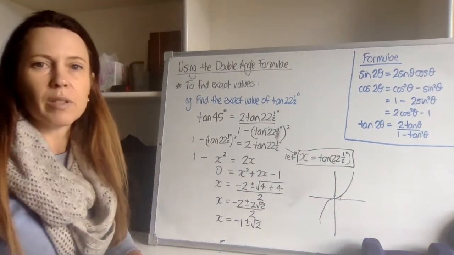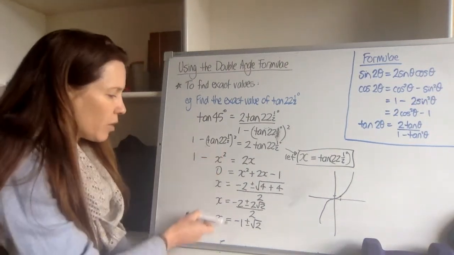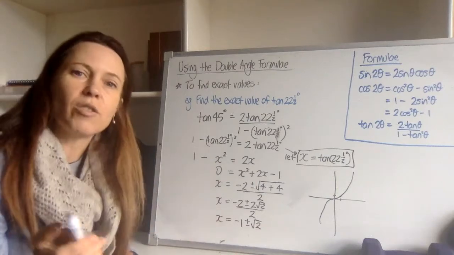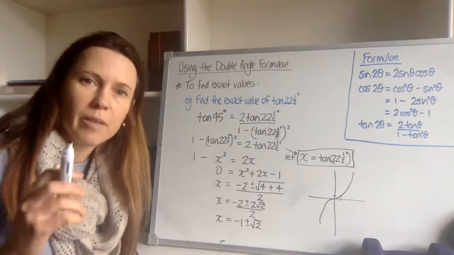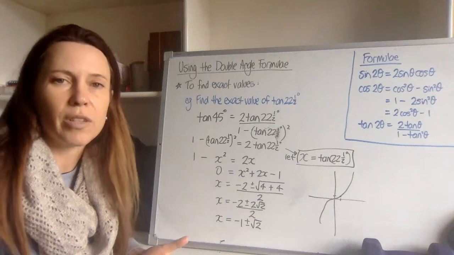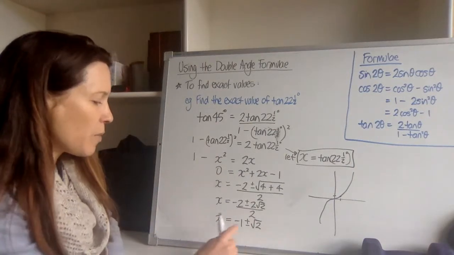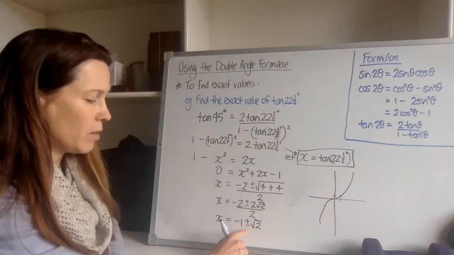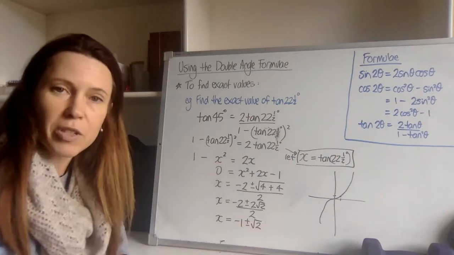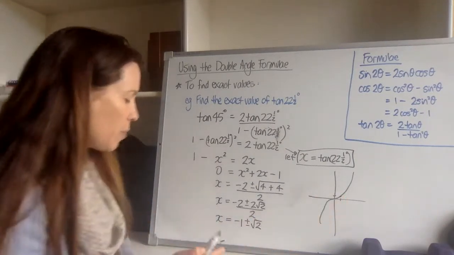Now, sometimes this happens. When you solve something, because it's a quadratic, it will give you two potential solutions. That doesn't mean that both of them are correct. You need to look at your situation, and often you need to reject one of the possibilities. So here we basically have root 2 minus 1 or negative root 2 minus 1, which is going to be a negative answer, and we need a positive answer.